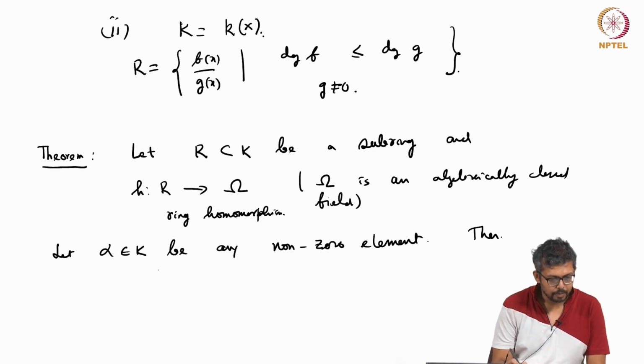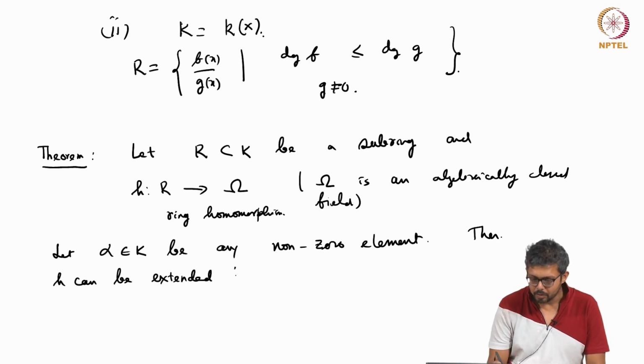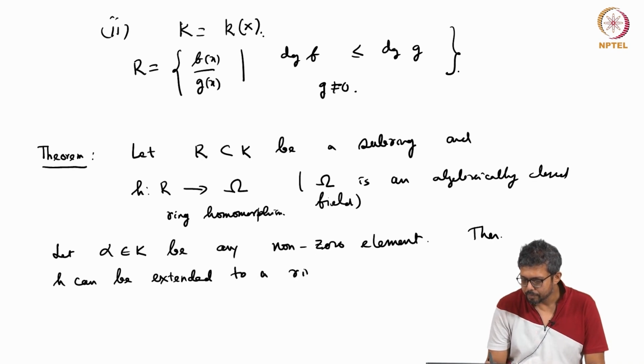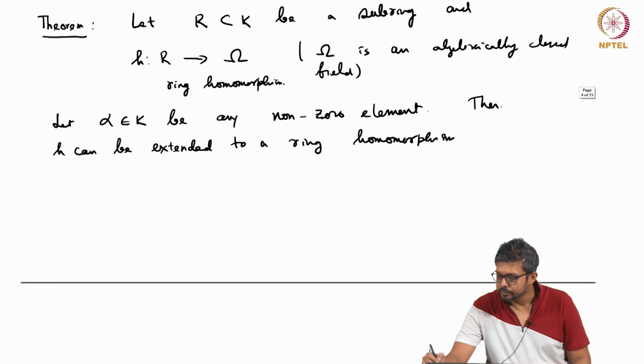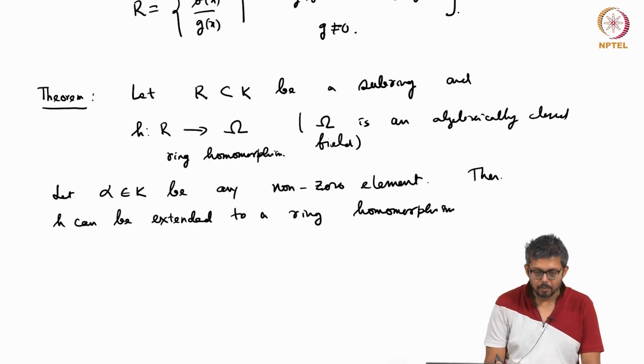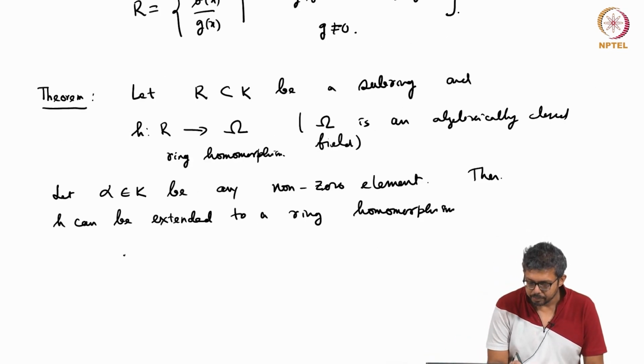So then h can be extended to a ring homomorphism h bar from R[alpha] to omega.